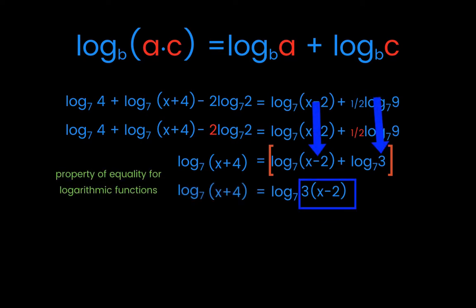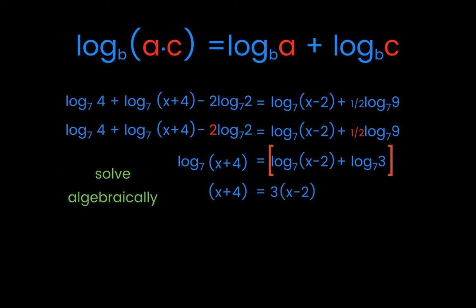Before I simplify that, I have a little rule here, the property of equality for logarithm functions. Since I have log base 7 equals another log base 7 of some term, I can cancel those log base 7s out, leaving me with my algebra terms. And I can solve this algebraically now.